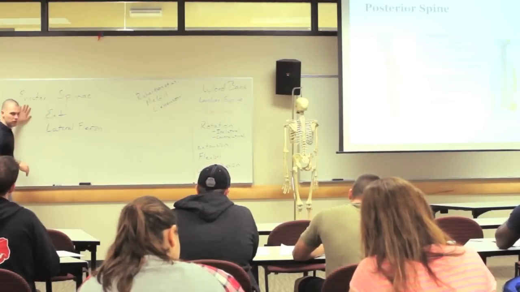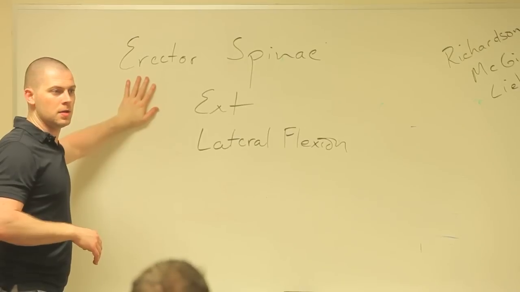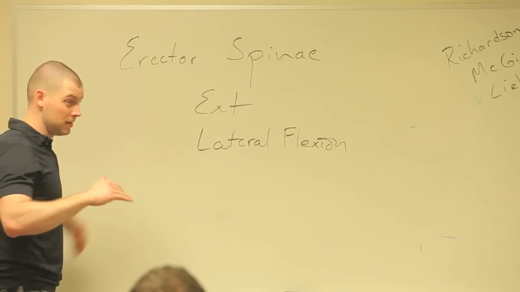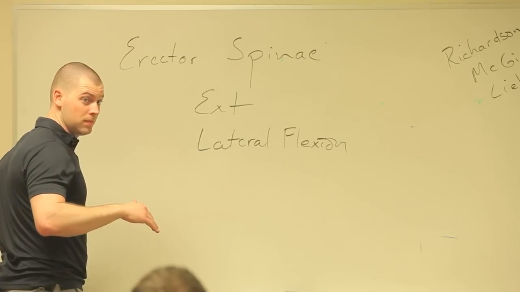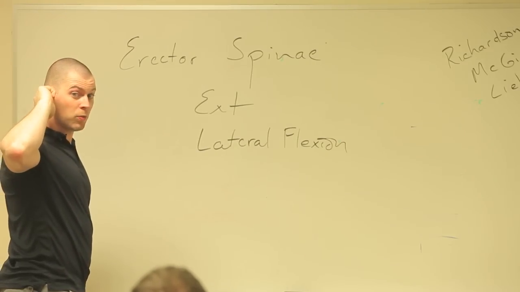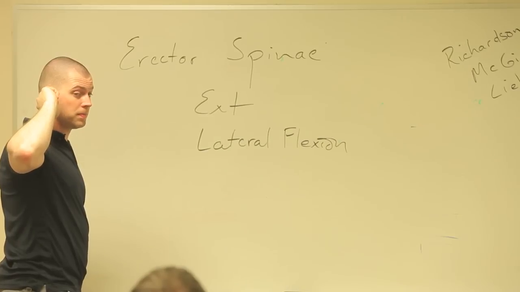You guys realize how long your Erector Spinae are, right? So just keep in mind, all the way down to your sacrum, all the way up to your mastoid process, depending on which of the Erector Spinae muscles we're talking about.